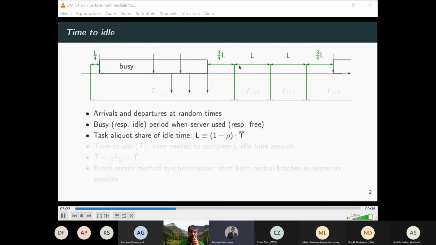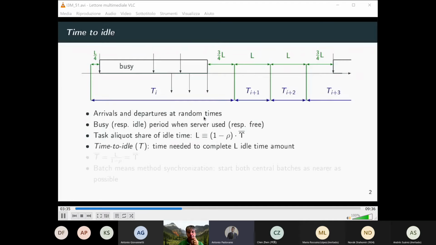So how much share of idle time corresponds to each request? This is what we define as L. Time to idle is defined as the time needed to accumulate an L amount of idle time.